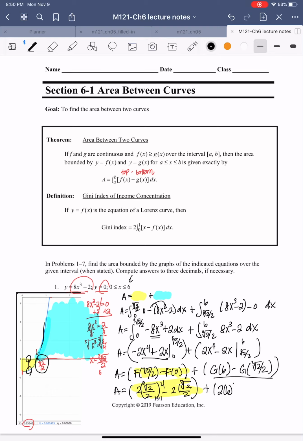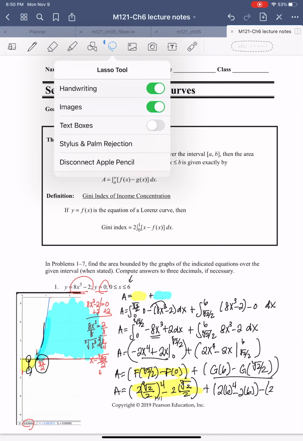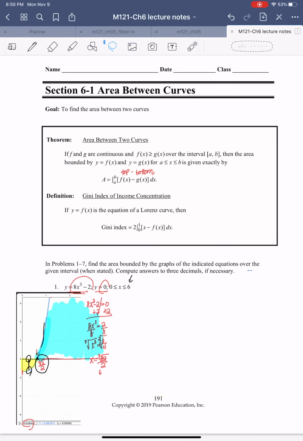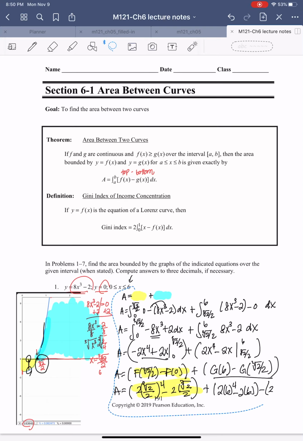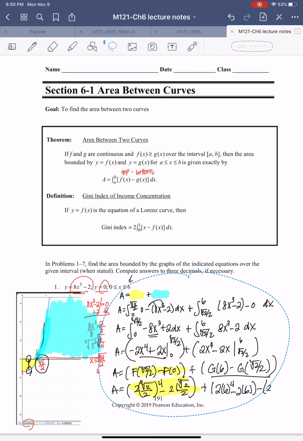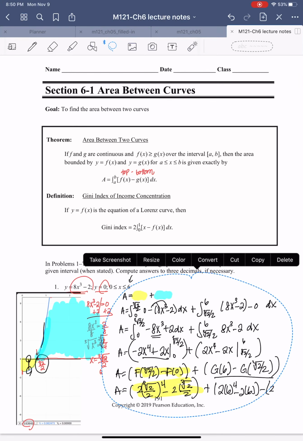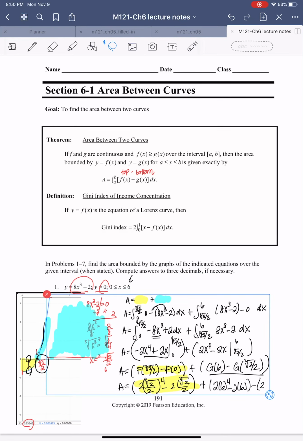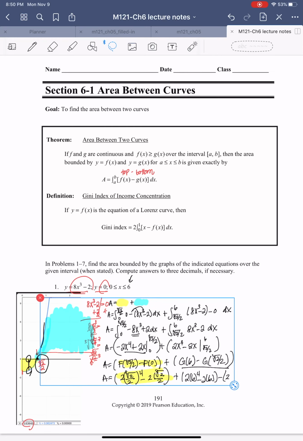2 times cube root of 2 over 2 to the fourth minus 2 times cube root of 2 over 2, and then there's the subtraction. Minus 2 raised to the... let me make, let's resize it a little bit.